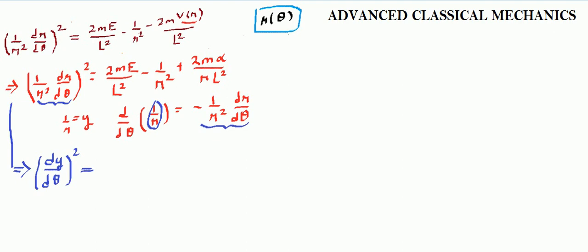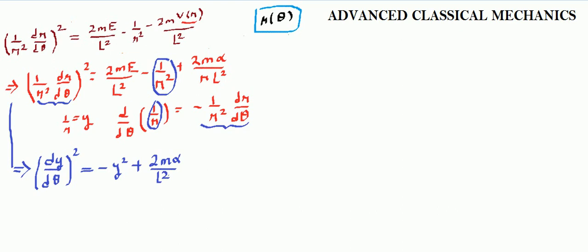In the further steps, here you'll get a minus y square. Why minus y square? Because of this 1 by r square. And then you have a plus the last term, that will be 2m alpha divided by L square. Agreed till this?